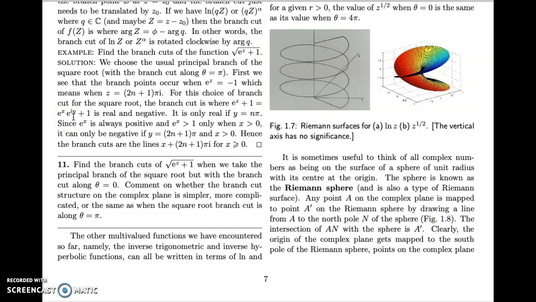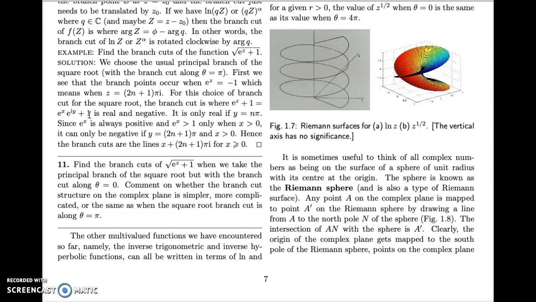Now, e to the x is always positive, and we want negative. So this can only possibly be negative if e to the iy is actually minus 1. That occurs if y is (2n plus 1) pi. So we've got the y values. Knowing that this is now minus 1, we've got 1 minus e to the x. What values of x do we need to get that to be negative? When x is 0, e to the x is 1.